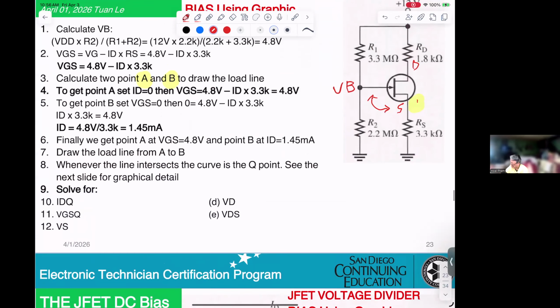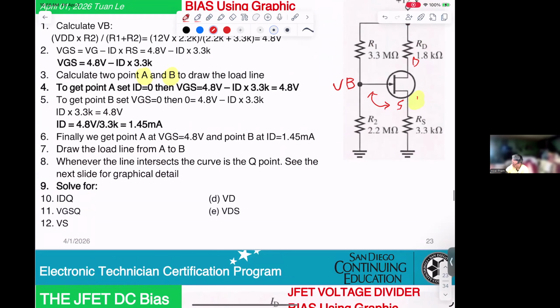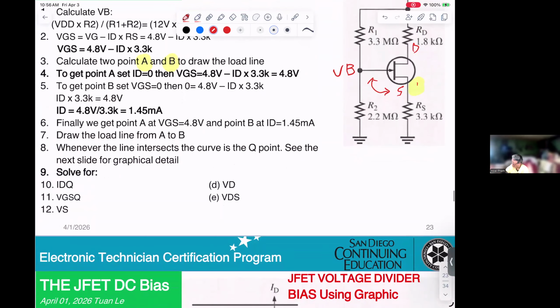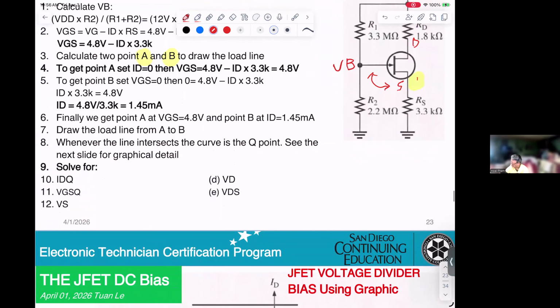Let's see. To get point A, set ID equal 0. VGS equals 4.8 minus ID times 3.3.